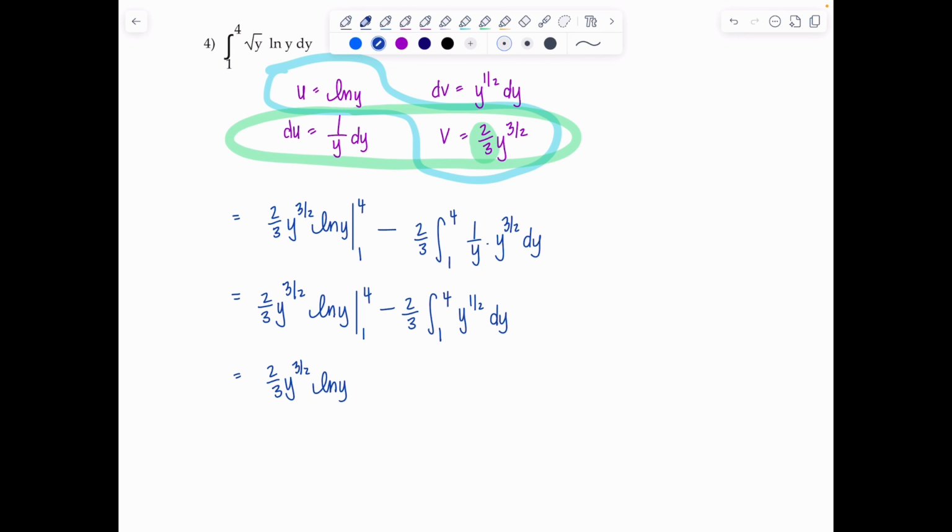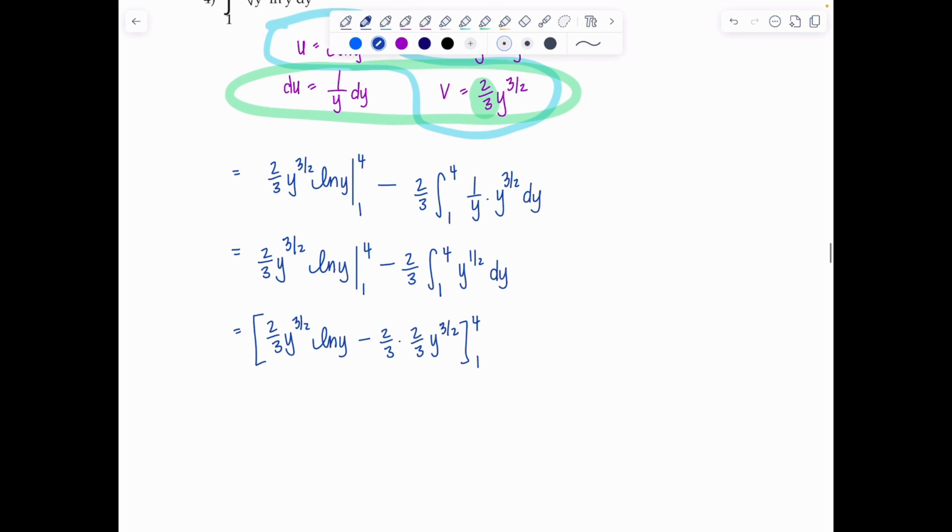And since I'm already ready to take the antiderivative here, I'm not going to write this part. I'm just going to put brackets from 1 to 4 at the end for everybody. That's how I like to do it. I think it makes it neat. Minus 2/3 times another 2/3 y to the 3/2 from 1 to 4. Are we good? Okay, perfect.